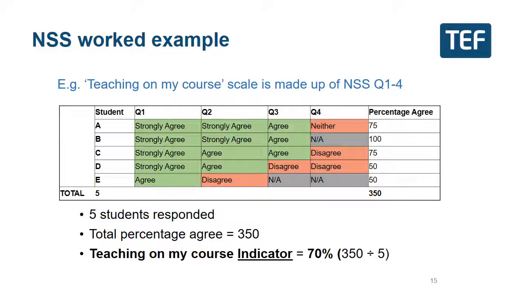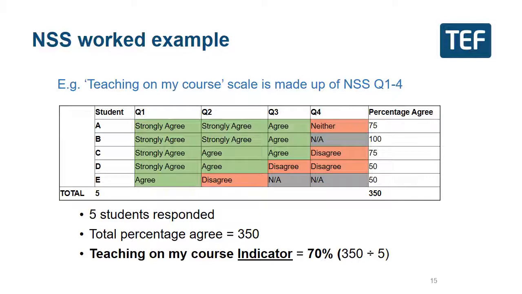So in this case, the student is calculated as being in agreement or having a satisfaction level of 75% in relation to the teaching on my course question scale. Student B, on the other hand, has the same pattern of responses for question 1 to 3, but ticked not applicable for question 4. So they are calculated as being 100% satisfied because every question they identified as being applicable to them was answered positively.